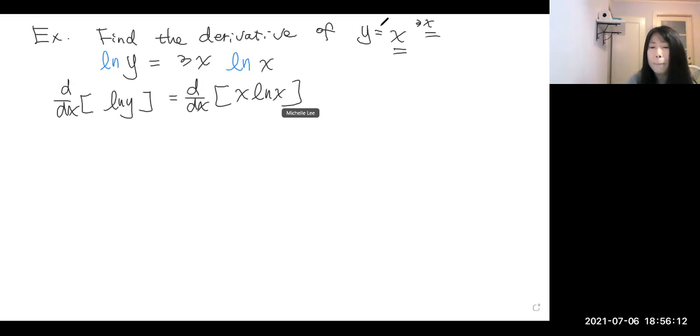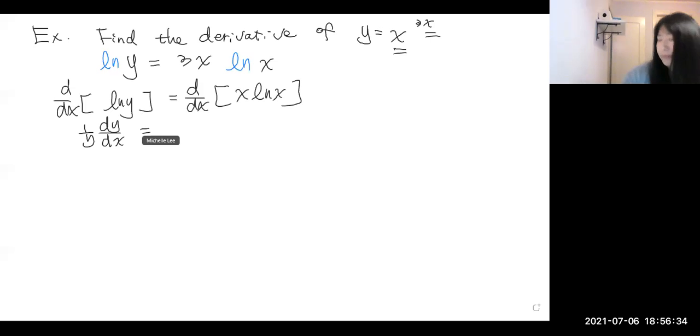Left side, what do you get? One over y, and then chain rule, dy over dx. And the right side, what do you get? Is it just ln x?